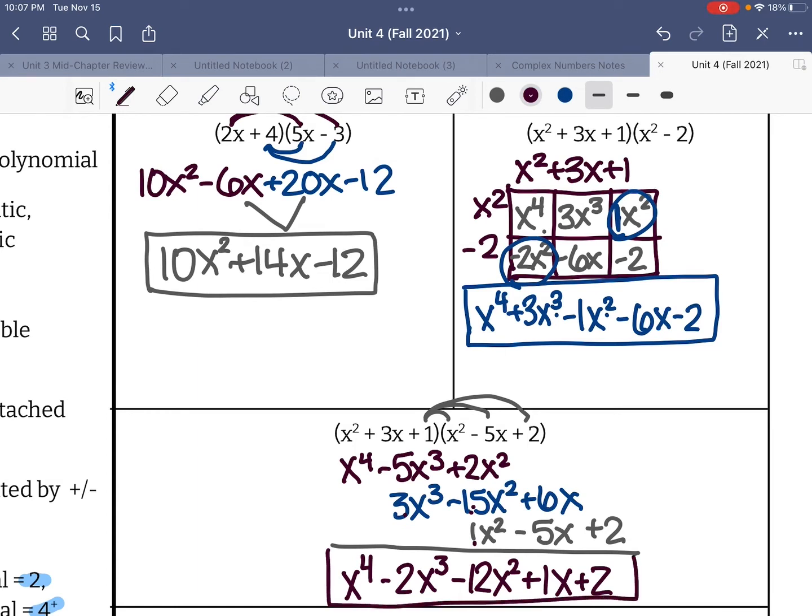Okay, if you wanted to use the box method, it would look like this.